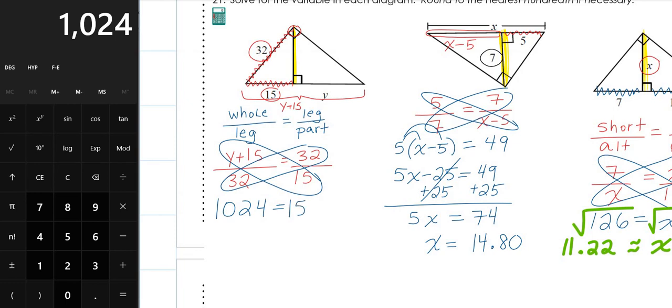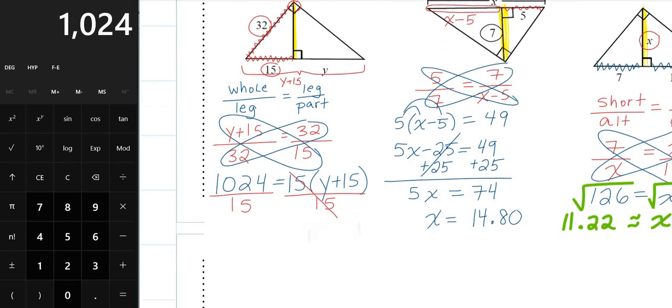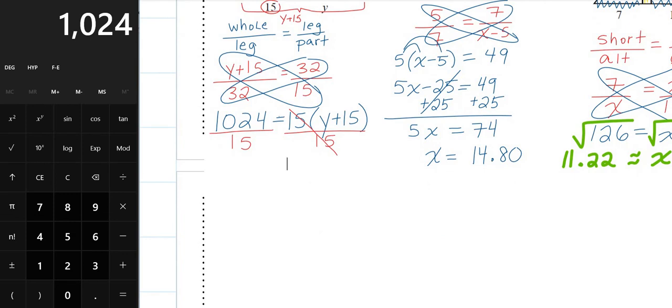I'm going to do 15 parentheses y plus 15. Now again, you can distribute the 15. I'm not going to do that. I'm going to use the other little trick that I do, which is I'm going to get rid of the 15 by dividing both sides by 15. This will cause the 15s to cancel out on the right and free up the parentheses.